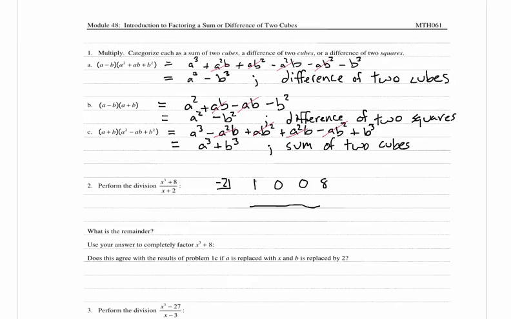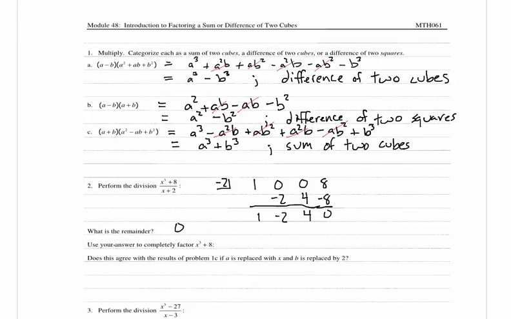Bring our 1 down, negative 2 times 1 is negative 2, 0 minus 2 is negative 2. Negative 2 times negative 2 is 4. 0 plus 4 is 4. Negative 2 times 4 is negative 8. And 8 minus 8 is 0. So we have a remainder of 0.